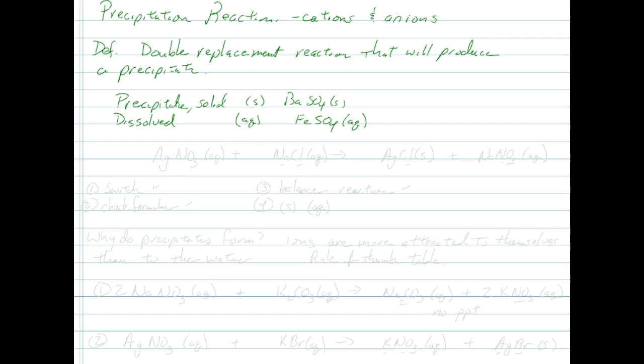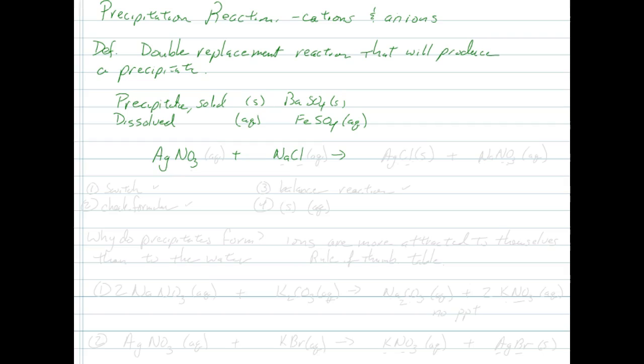Your homework assignment, you will see the problem looking like this. You'll be given two substances, and that's it. Do they react? What you got to do is finish off.